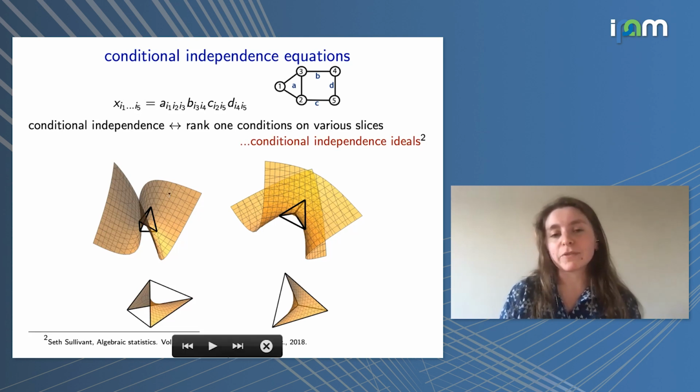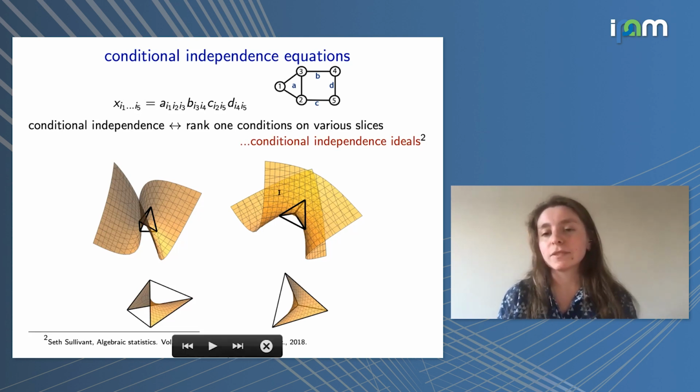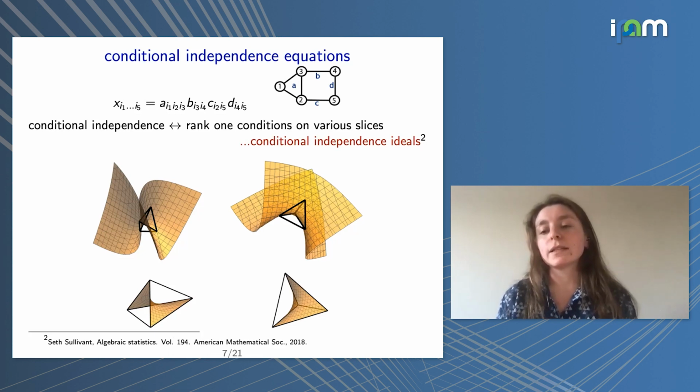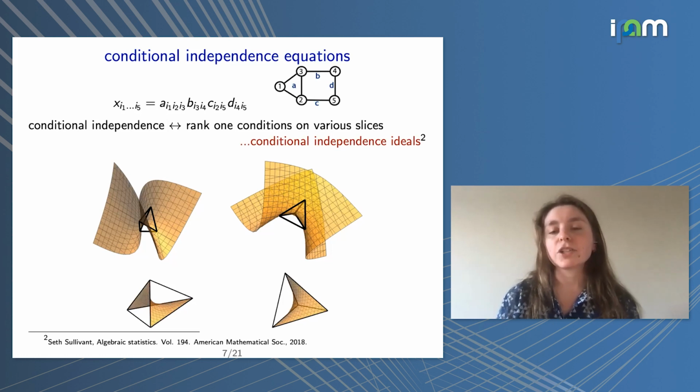So here we've got the whole space of tensors, or a cartoon of the whole space of tensors, and here we've got the restriction of this space to the set of probability tensors. And this intersection gives us an algebraic description of the statistical model.